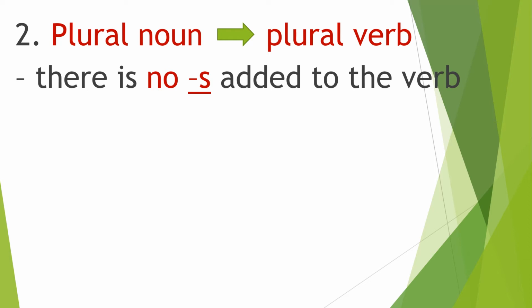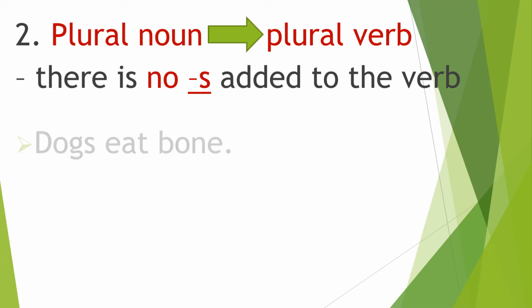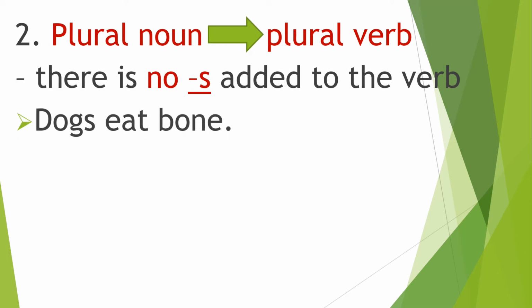Rule number 2 states that plural noun goes with plural verb. Always remember, in forming plural verb, there is no S added to it. It's very simple. Take for example the sentence, dogs eat bone.